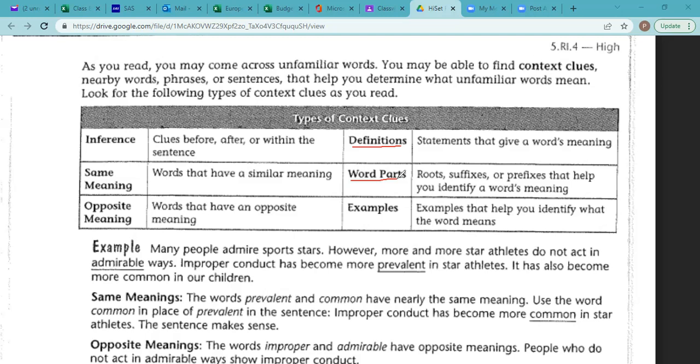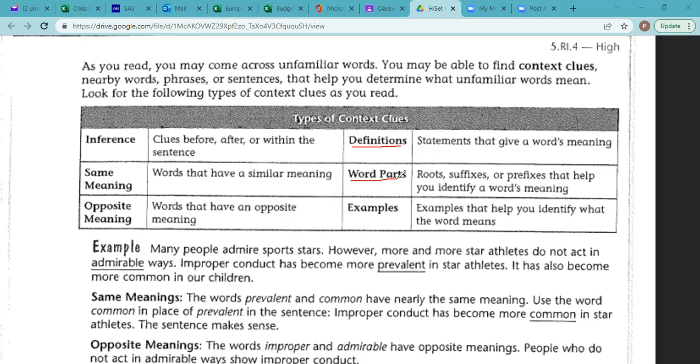So you could say unfamiliar. And then a suffix is something that you would put on the end of a word. Right now I can't seem to think of anything right off the top of my head, but it would be something that you would put at the ending.